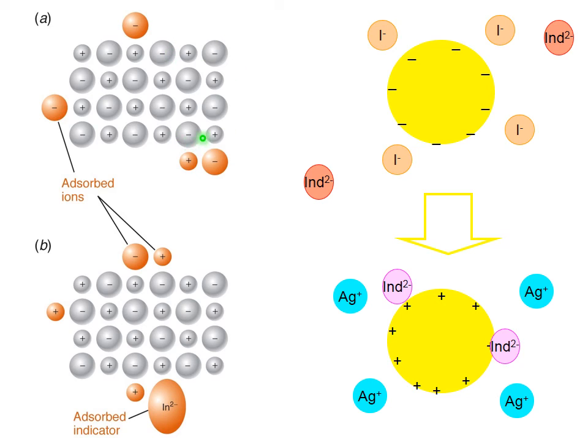If my particles are negative, my indicator, which itself is a negative ion, doesn't want to interact with them. Negative particles repel negative particles. So the color of the solution is simply the color of the indicator.